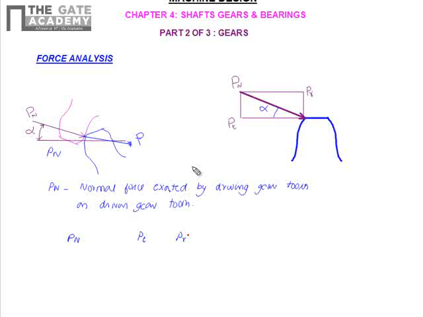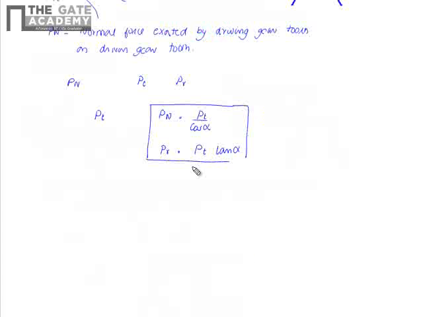If the tangential force component is known, we can say the normal force will be Pt by cos alpha, and Pr is equal to Pt tan alpha. So once we know the tangential component, we can find out the normal component and the radial component. So how do we know the tangential component?